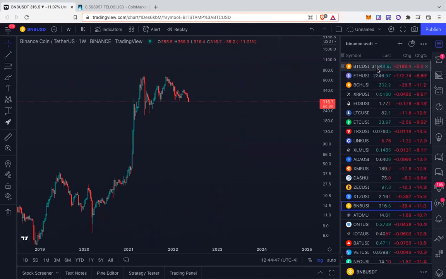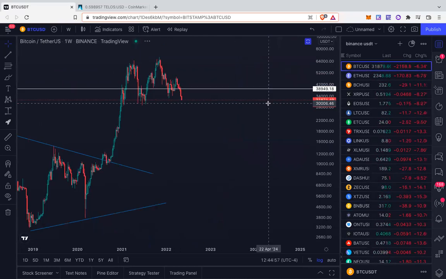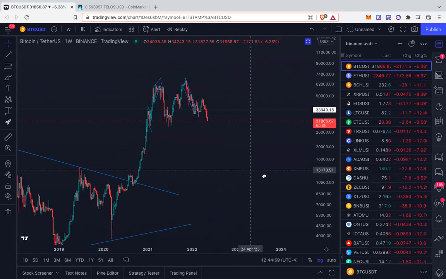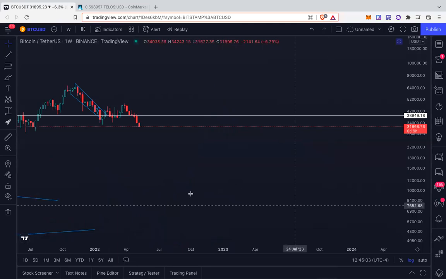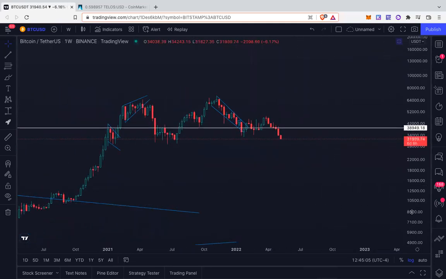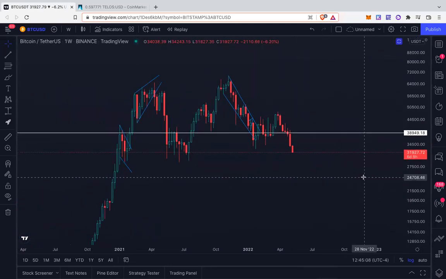You can see today we're still selling off. Bitcoin right now is at 31.9.